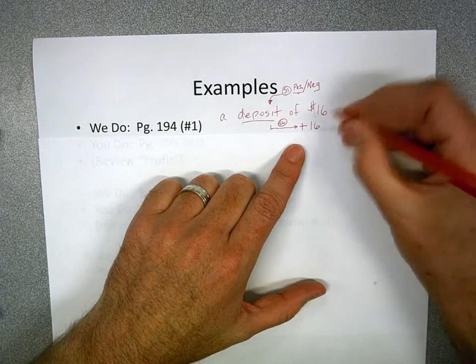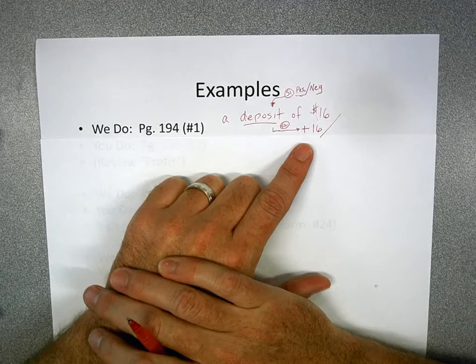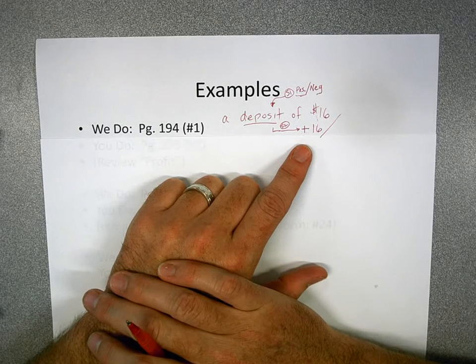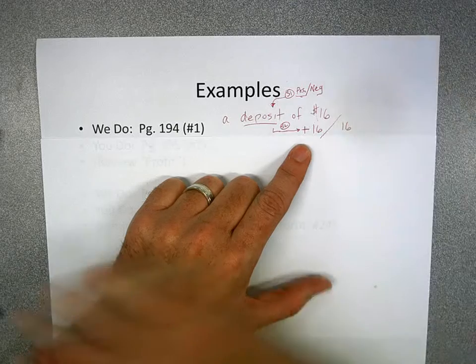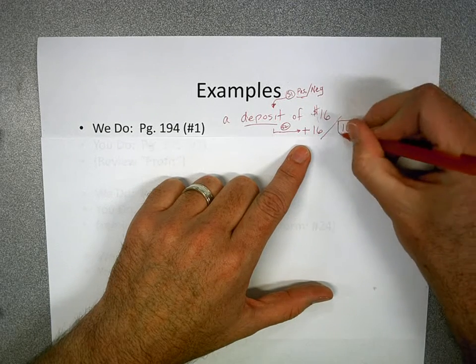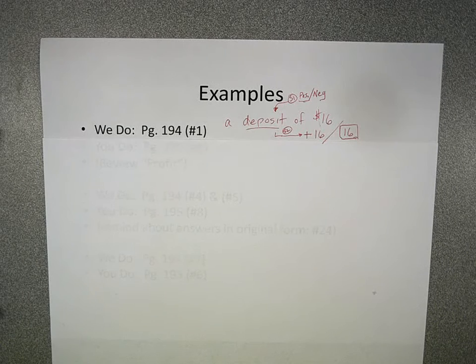You can write positive 16, that would be okay, but we'll just write it like you've been saying since kindergarten, the number 16. Either one of those is correct, and there's your answer.